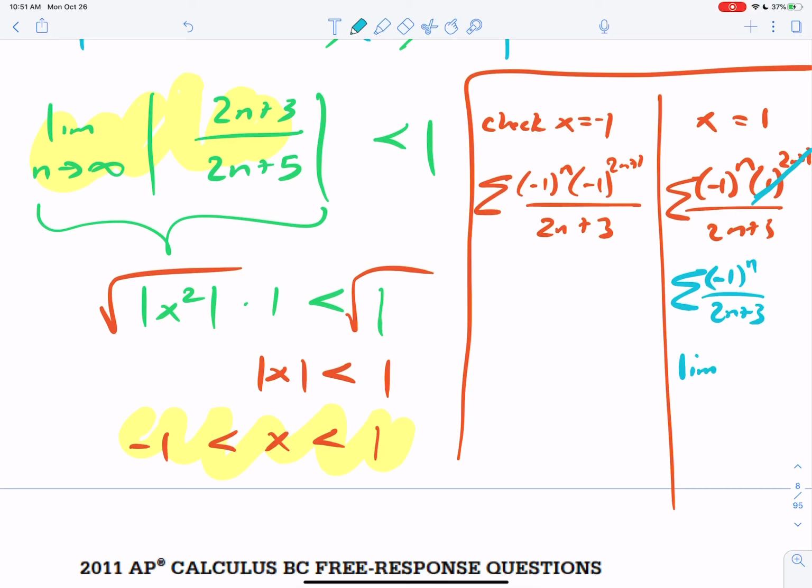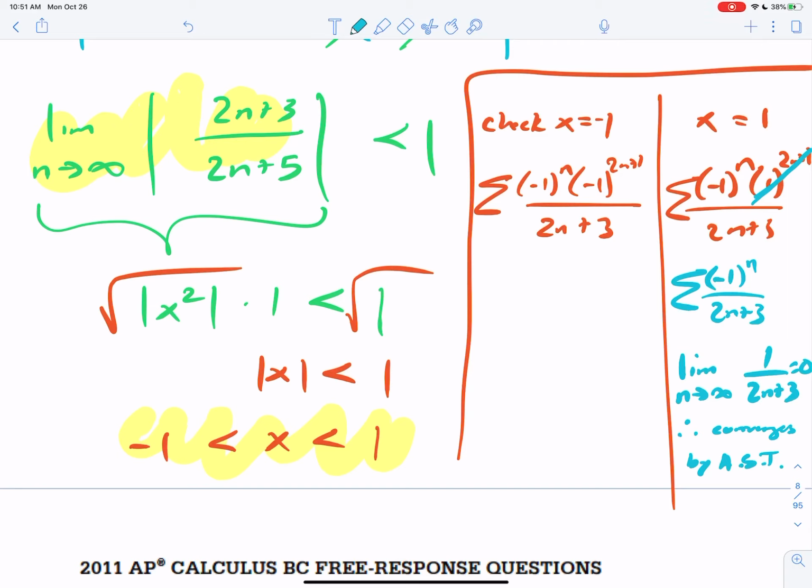So I would take the limit as n goes to infinity of 1 over 2n plus 3. You're going to take the limit of everything except the alternating piece. That definitely comes out to 0, therefore you know it converges by AST. You could have also said that this was an alternating harmonic. That works too. But some people tend to flip out because of the 2 and the 3.